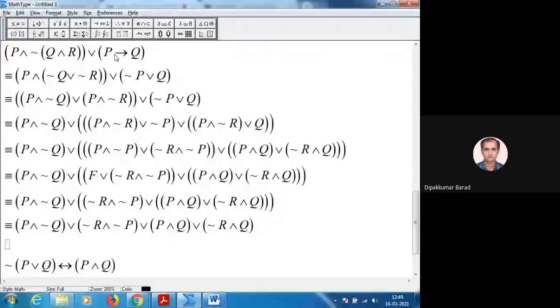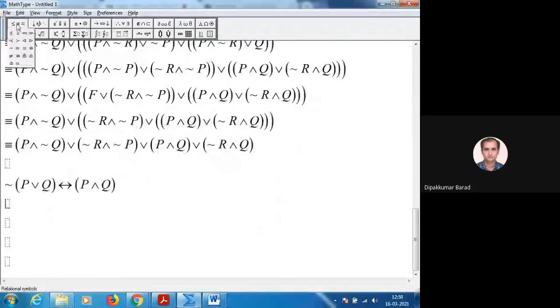P and Q. Okay, so first of all, this equivalence, if I want to write it down, then I call it P and Q, then P if and only if Q is nothing but (P and Q) or (not P and not Q). Okay.